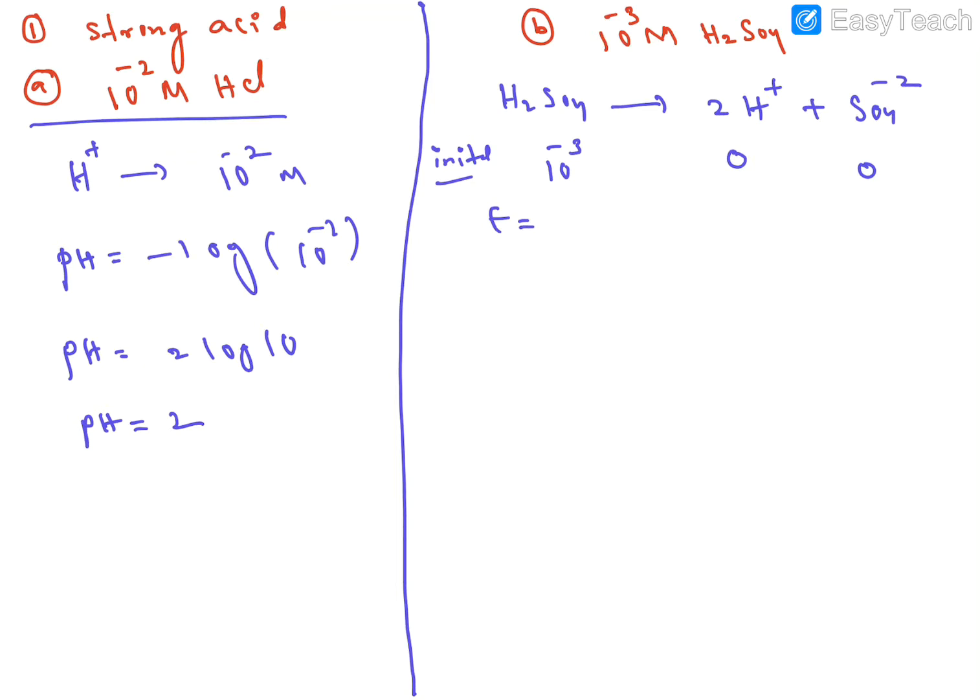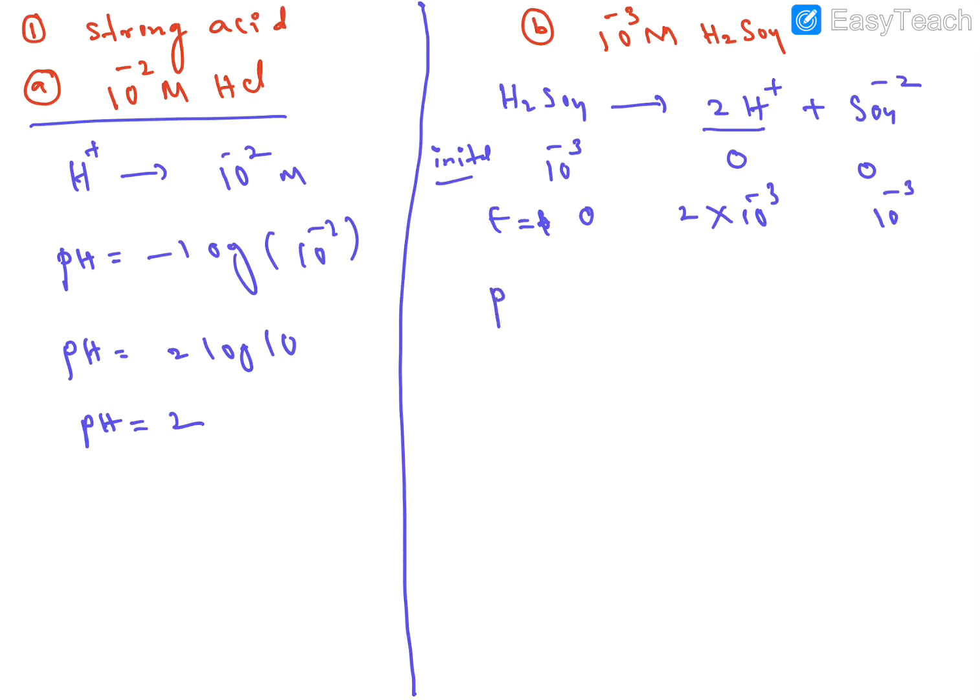After time t, the concentration of H2SO4 is 0, and the H plus concentration is multiplied with the n factor. What is the basicity here? That is 2, so multiply with n factor 2.